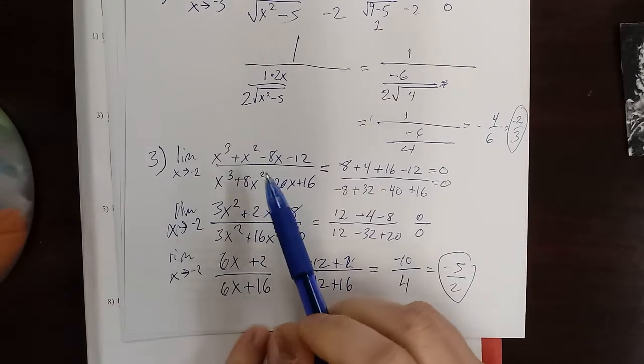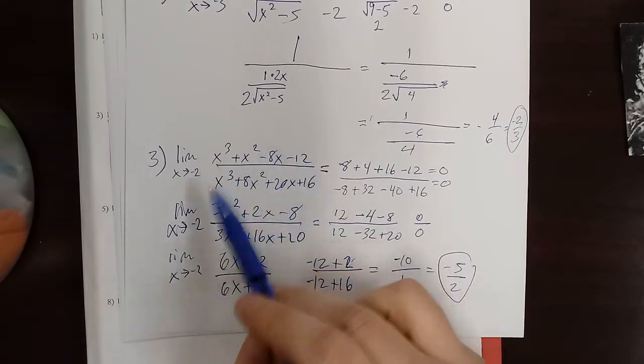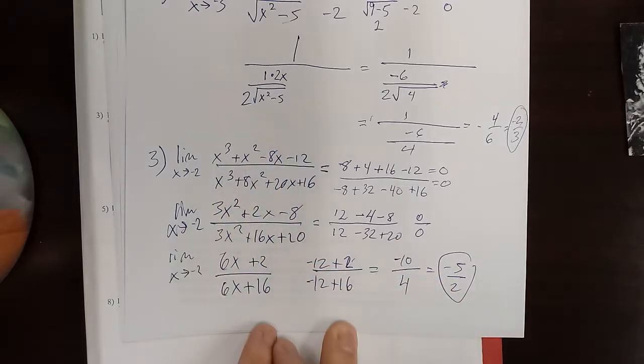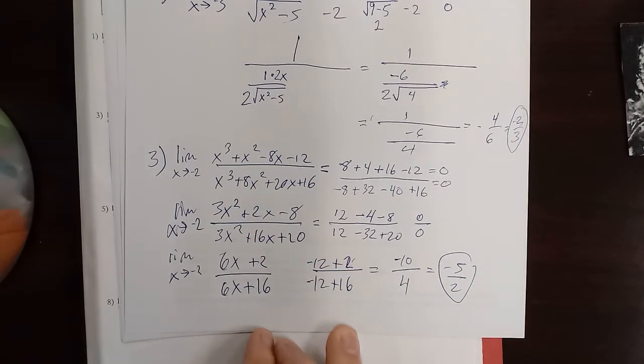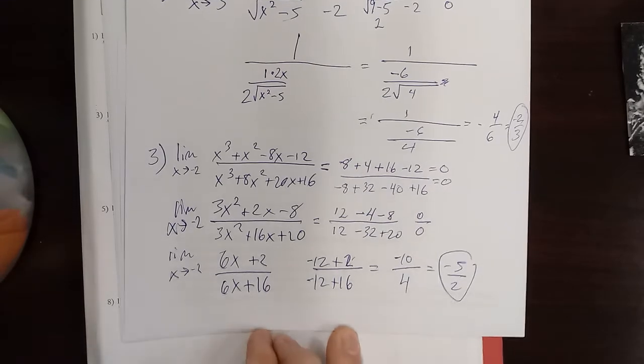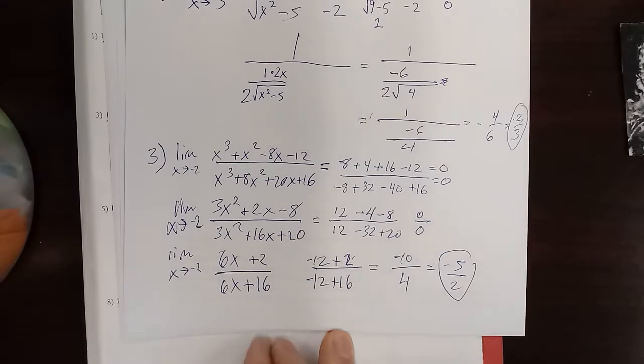So not something that you would immediately grab from here, and just looking at it personally, I'm not seeing any ways that I would know how to factor this. If you do, feel free to leave a comment about it or let me know in person.